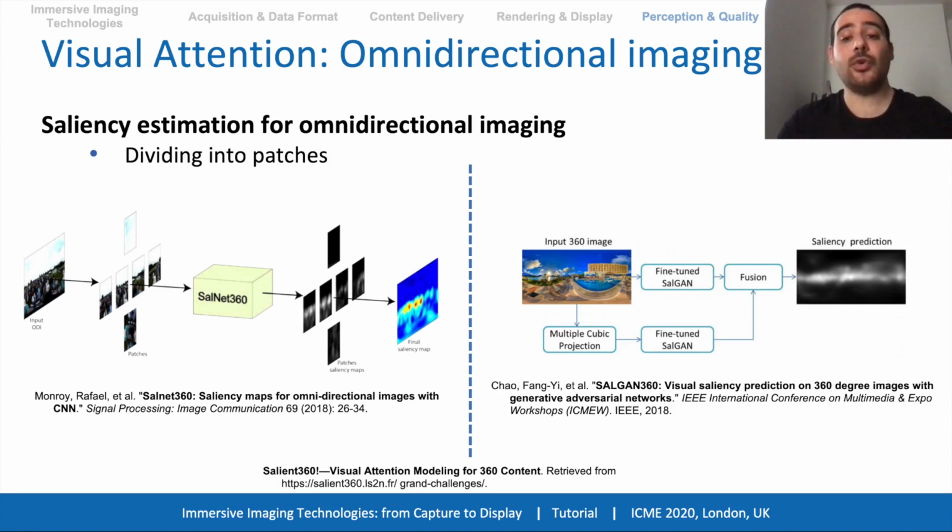We can see two early saliency estimation models for 360-degree images. Both approaches focus on undistorted patches using cubic projections and fine-tune existing 2D saliency estimation models such as SalNet and SalGAN.